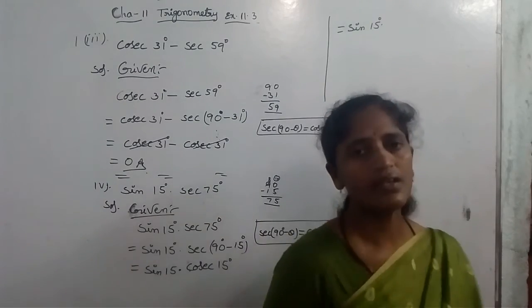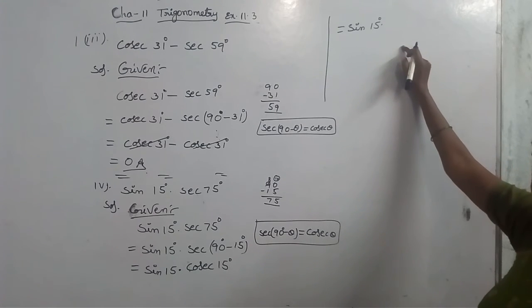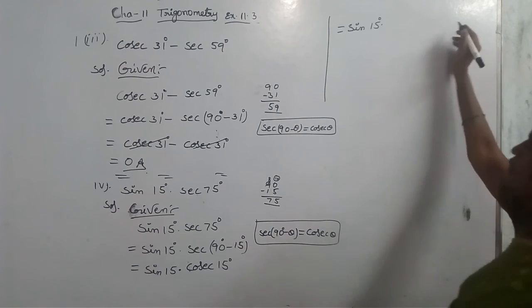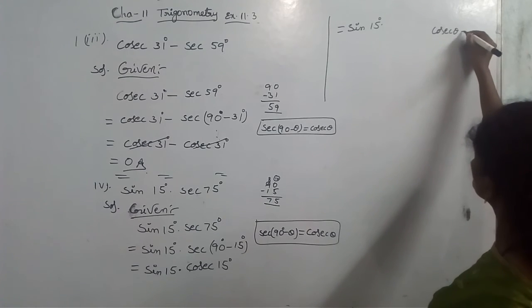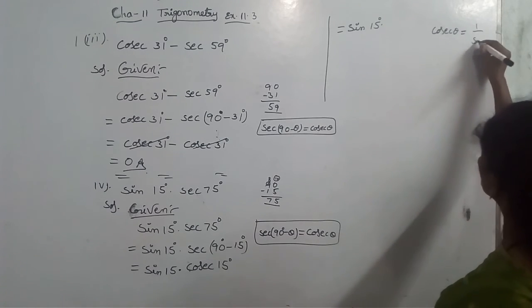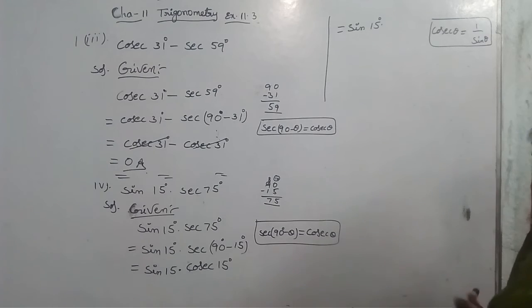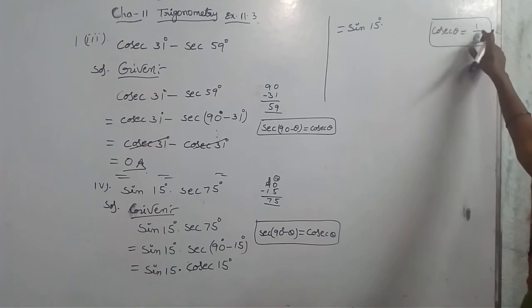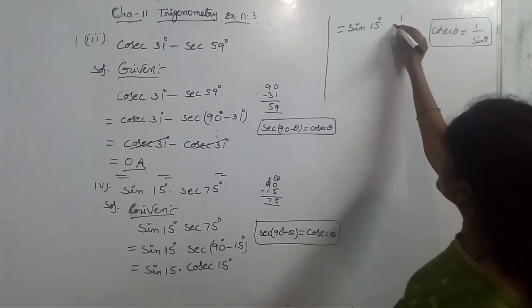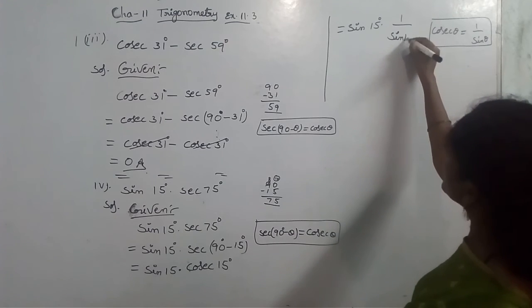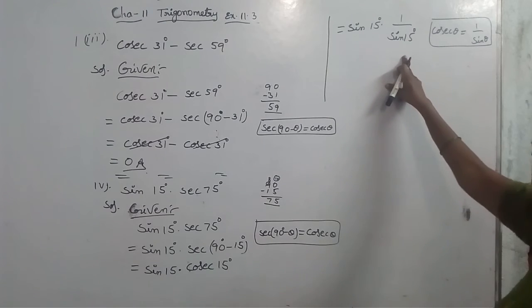Cosecant theta is the reciprocal of sin theta, which is 1 by sin theta. Means cosecant 15 degree is becoming 1 by sin 15 degree.